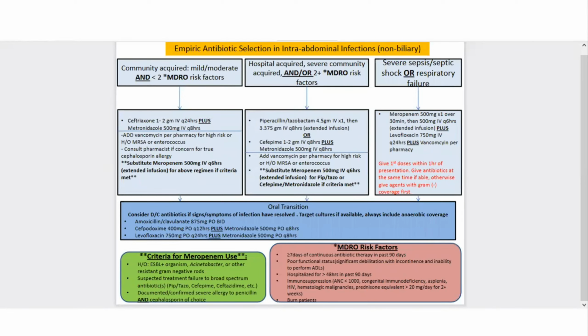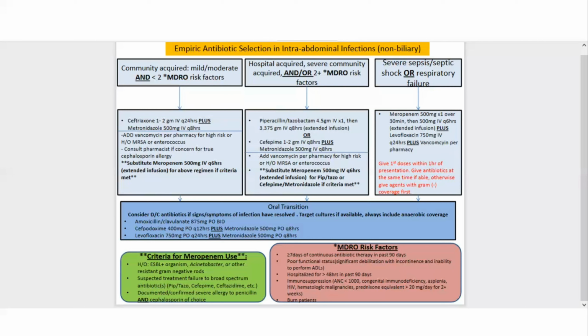Empiric antibiotic selection in intra-abdominal infections: ceftriaxone plus metronidazole in case of community acquired intra-abdominal infection with less than 2 MDRO risk factors. If hospital acquired, severe community acquired, or 2 plus MDRO risk factors are there, piptas or cefepime 1 to 2 gram IV 8 hourly plus metronidazole IV 8 hourly, and add vancomycin per pharmacy for high risk history or suspicion of MRSA.